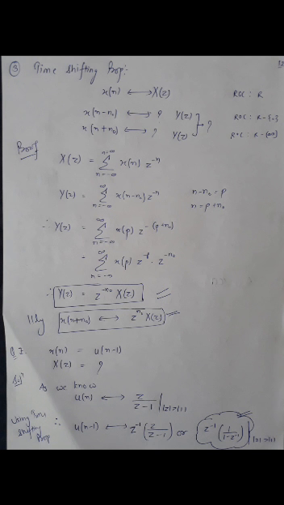Open this bracket, and we have two parts, z raised to power minus p into z raised to power minus n naught. Z raised to power minus n naught will be outside the summation, so we get Y(z) equal to z raised to power minus n naught X(z). It means that if we time shift the sequence by the factor minus n naught, in the output we will get z raised to power minus n naught as a term outside the X(z). Similarly, if we shift the time by the factor plus n naught, we will get the factor z raised to power plus n naught into X(z).